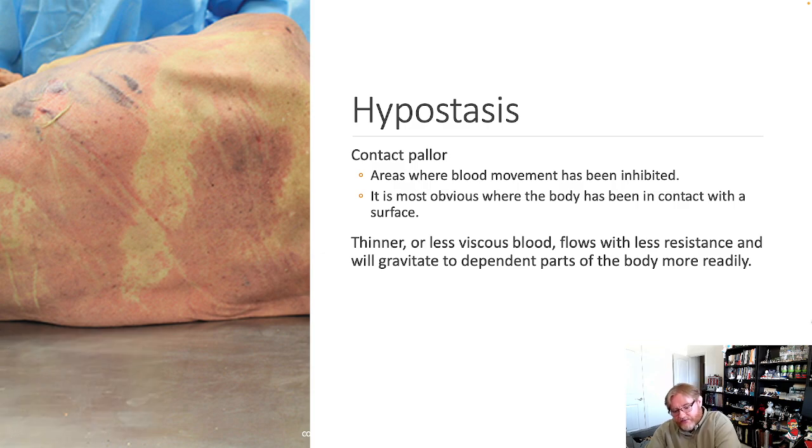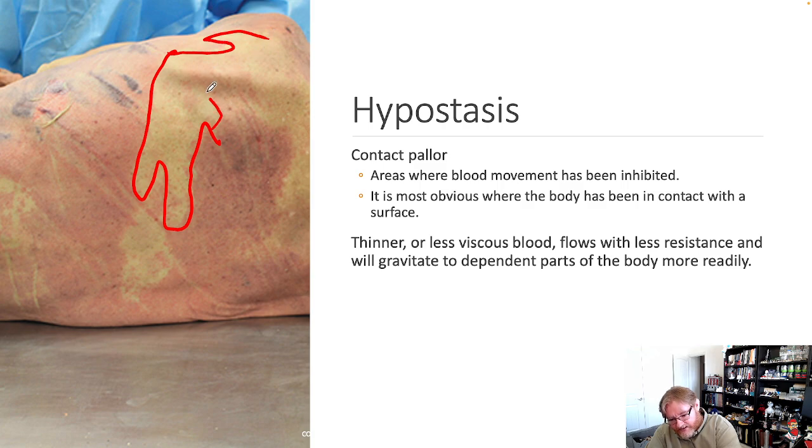The area where you have contact pallor is right here. You see this white zone where the skin was in contact with something, and as a result, it depressed the capillary beds. So the blood pooled all around it, but did not enter those areas.